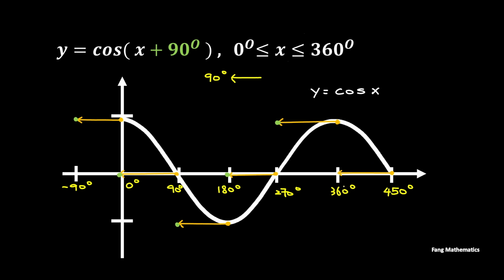I believe you should land on 360, and this is the coordinate we need. And now we join the coordinates from 0 degrees to 360 degrees. You should always remember that our domain is between 0 and 360. And you should get the answer as your green graph.